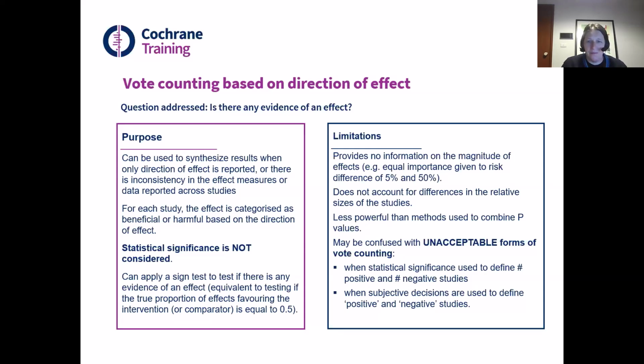It's less powerful than the methods used to combine p-values, and it's often confused with the unacceptable forms of vote counting. That is when statistical significance is used to determine the number of positive and negative studies, or when subjective decisions are used to define positive and negative studies.